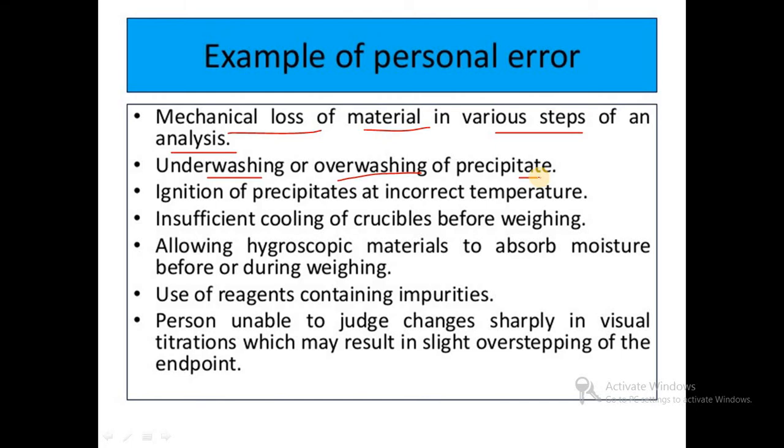Suppose the procedure tells us to wash the product only with 50 ml alcohol. If instead of 50 ml we use 100 ml alcohol, then there is overwashing of the precipitate, that is a personal error.